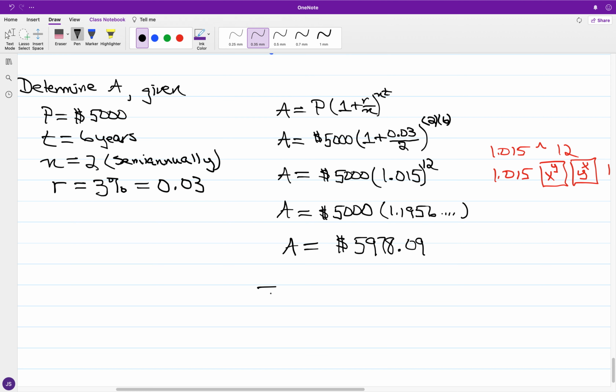And again, just for the interest, that's going to be the future value minus the principal. So after 6 years, you have around $978.09 to be added.